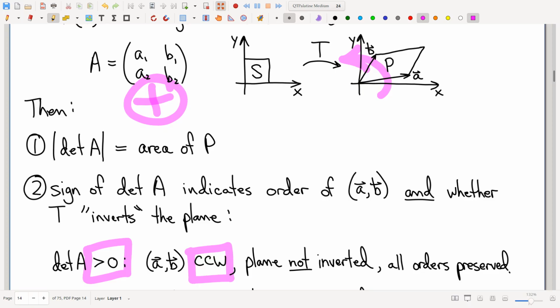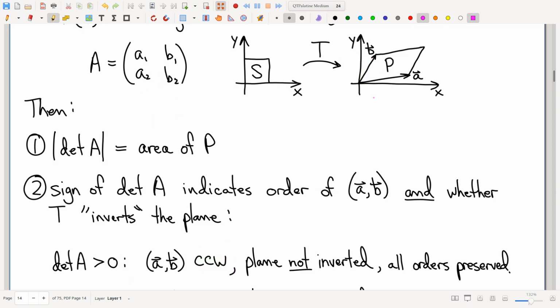Yeah. Okay, so what I've drawn here, I had to make a choice. I arbitrarily drew A and B like this. It doesn't have to be. Let's play around with what if it was the other way.